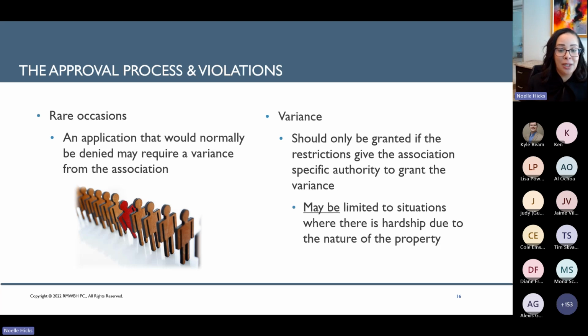And so it's important that the variance be recorded so that later owners of that property, or anyone who has any sort of dealings with that property, are aware that a variance was granted by the association, and so there's no question about the location of the fence or whatever that variance may be. So it's really important that those get recorded in the real property records.